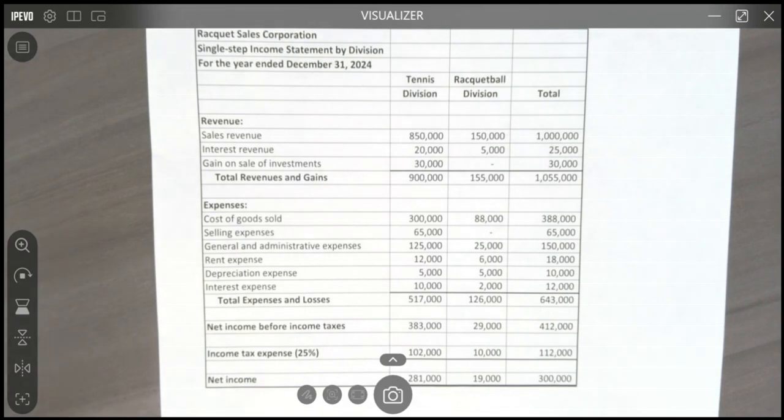So we're going to use those same line items we used before, but the body of the income statement will just be the ongoing, continuing operations, the tennis operations, and then we will show the racquetball results in a discontinued operations section. So pause and take a shot at this. Give it a good shot. See if you can do a good solid income statement, including discontinued operations.